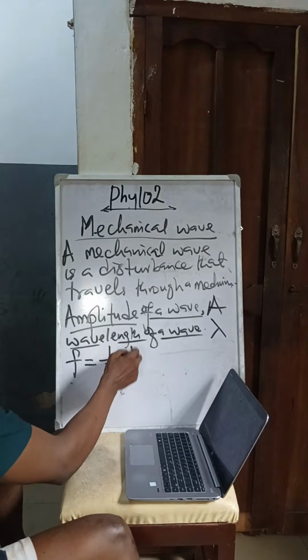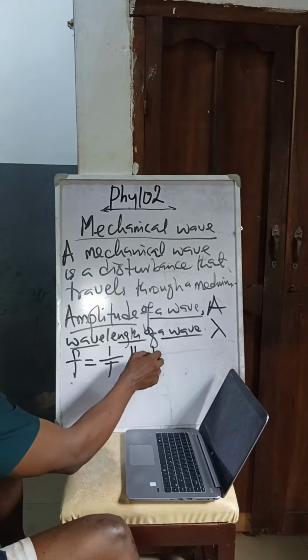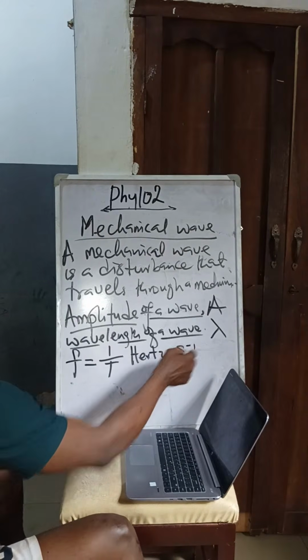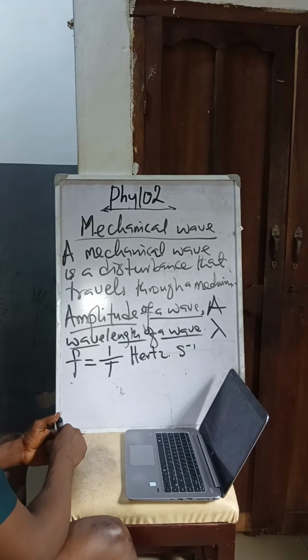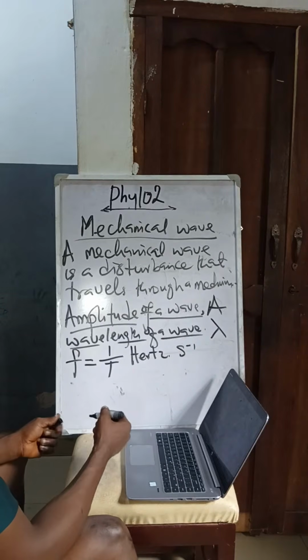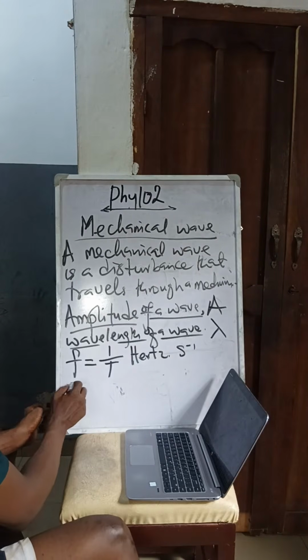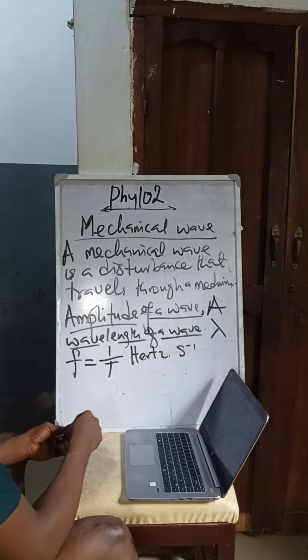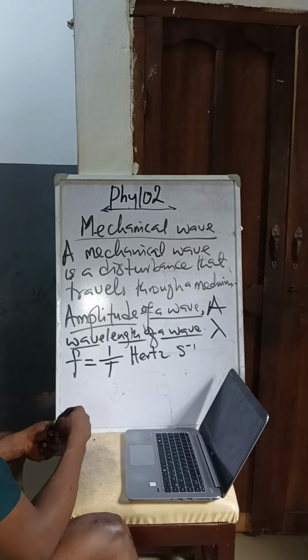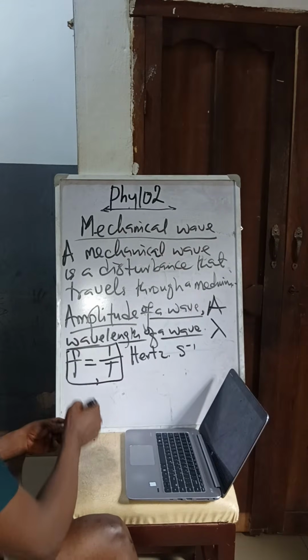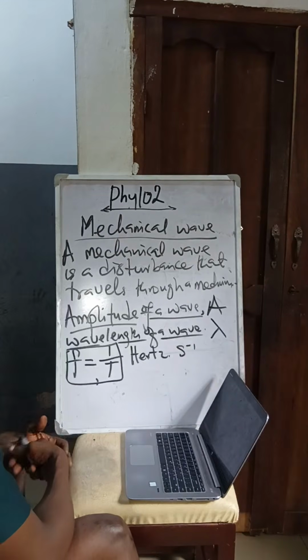The unit is hertz, or 1 per second. Then period is the time taken for one complete oscillation. The relationship between frequency and period is F equal to 1 over T.